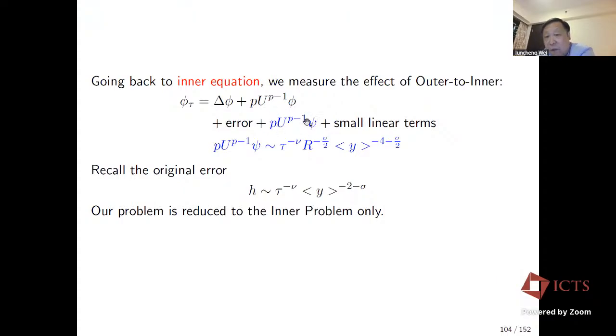The error from the outer problem is r to the minus sigma over 2 smaller than the one you start with. So then this is a closed loop. You can solve the inner problem first, then plug into the outer, and the outer will go back to the inner, but this new error will be smaller than the one you start with. And so by this we can get a closed loop.